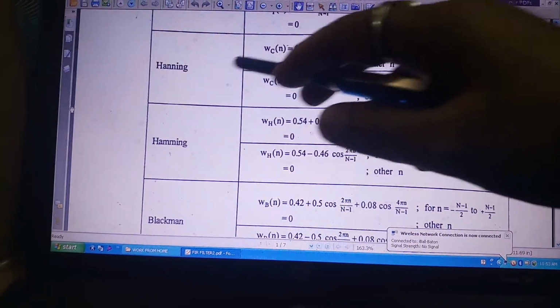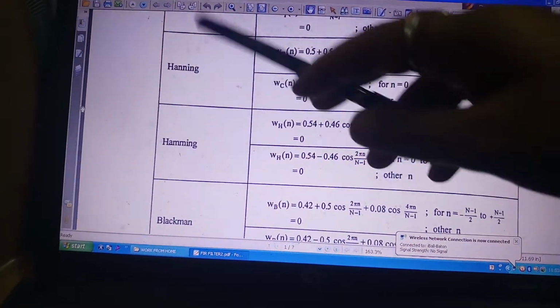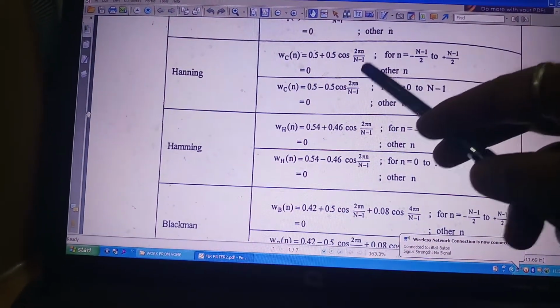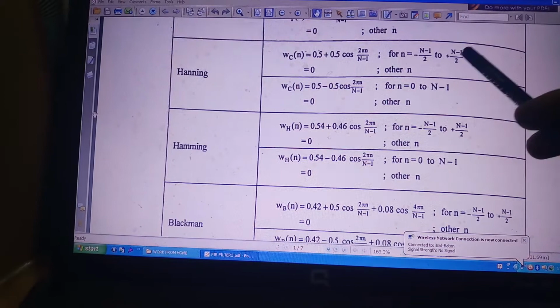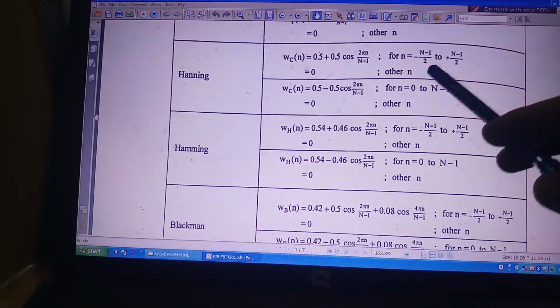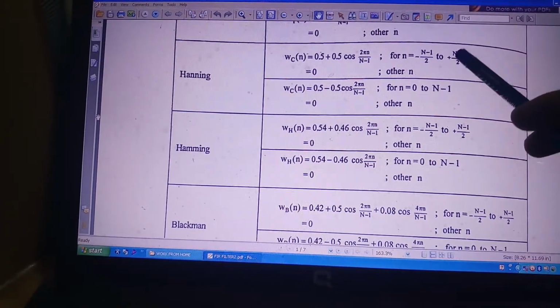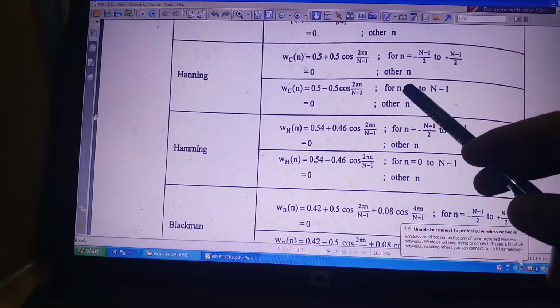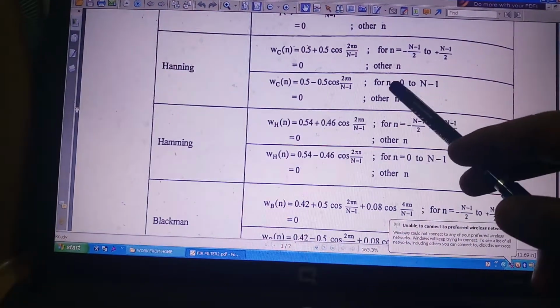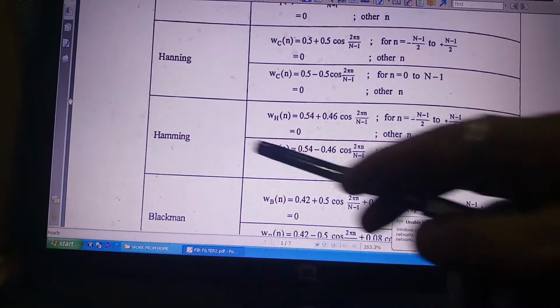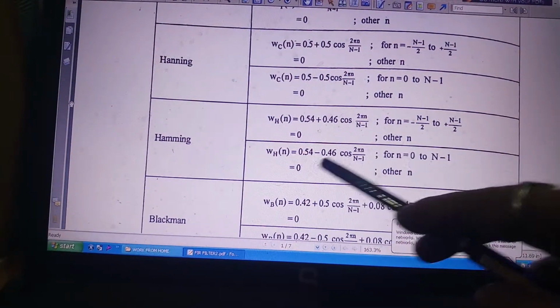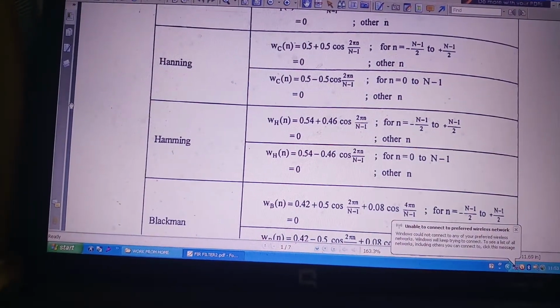The window coefficient for the Hanning window technique is calculated like this. If the samples are taken from minus (N minus 1) by 2 to plus (N minus 1) by 2, it is this one, and if it is from 0 to N minus 1, it is this one. Similarly, for the Hamming window, the window coefficients have to be calculated like this.